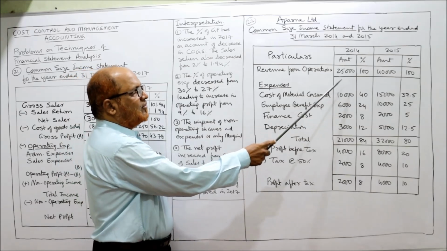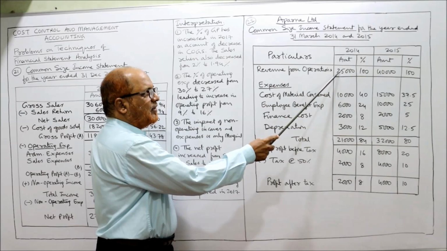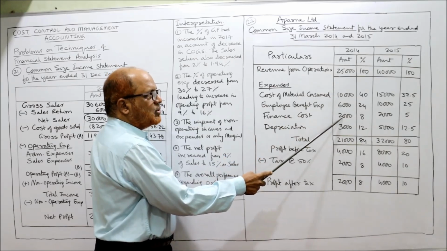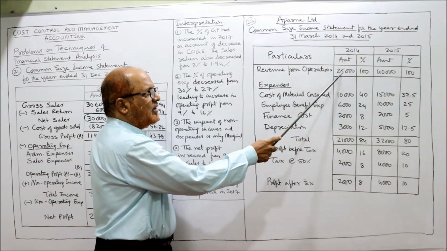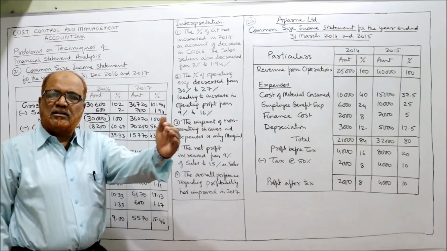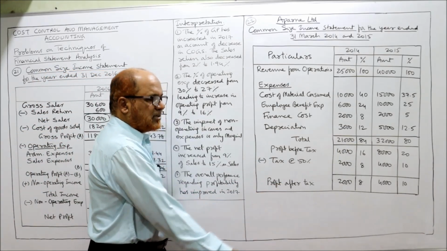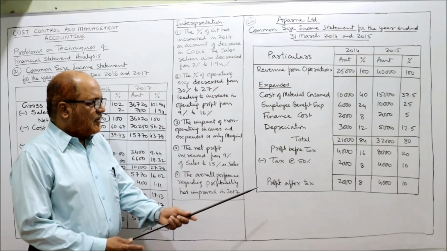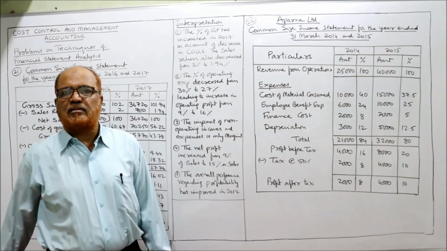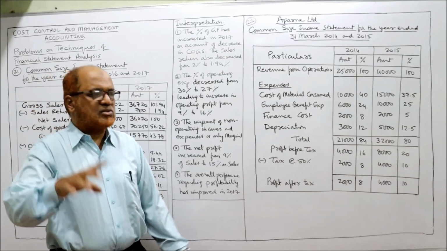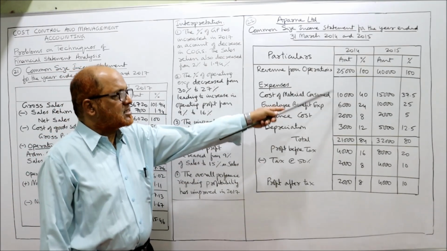So 10,000 divided by 25,000 into 100, 40%. 6,000 divided by 25,000 into 100, 24. 2,000 divided by 25,000 into 100, 8%. 3,000 divided by 25,000 into 100, 12%. Like this you calculate. So you are getting 84, 16, 8, 8. The meaning is profit after tax is 8% of sales. For every 100 rupees of sales, we are getting 8 rupees as net profit. That is in the last year.